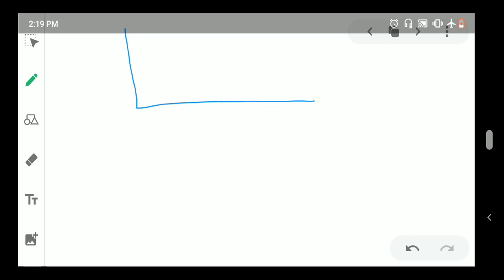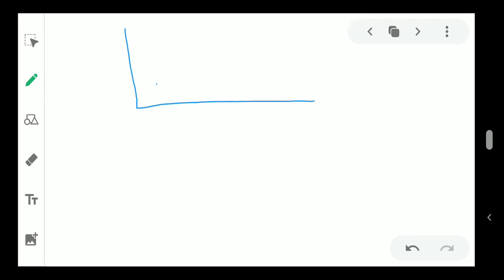Now you can see that if I plot all the data, they create a shape like this. This is called a Gaussian distribution. You don't need to know this now, but just for reference I am telling you.